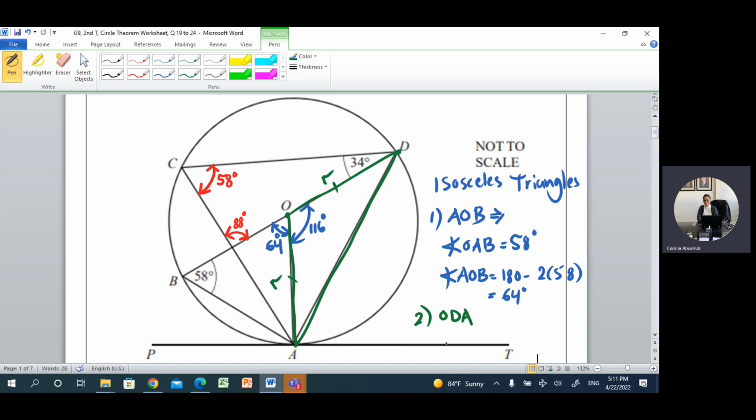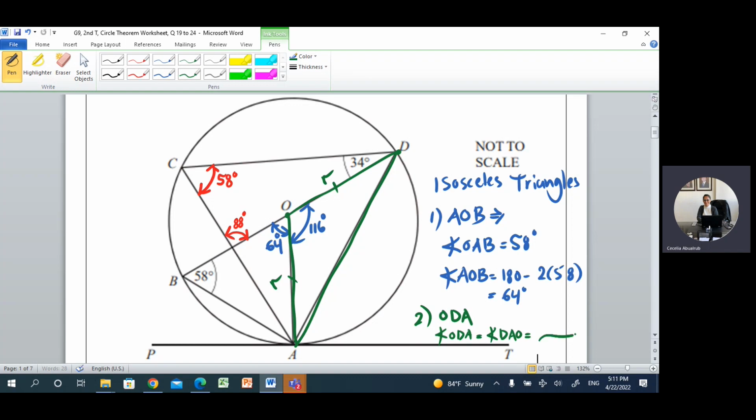From this, we can say that angle ODA is equal to angle DAO.